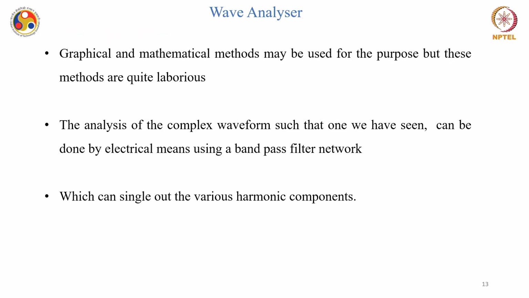Graphical and mathematical methods can be used for the analysis of these signals, but these methods are very laborious and require a good amount of time just for a single harmonic. The analysis of a complex waveform such as we have just seen can be done by electrical means using a band pass filter network which can single out the various harmonic components and focus on each of them.